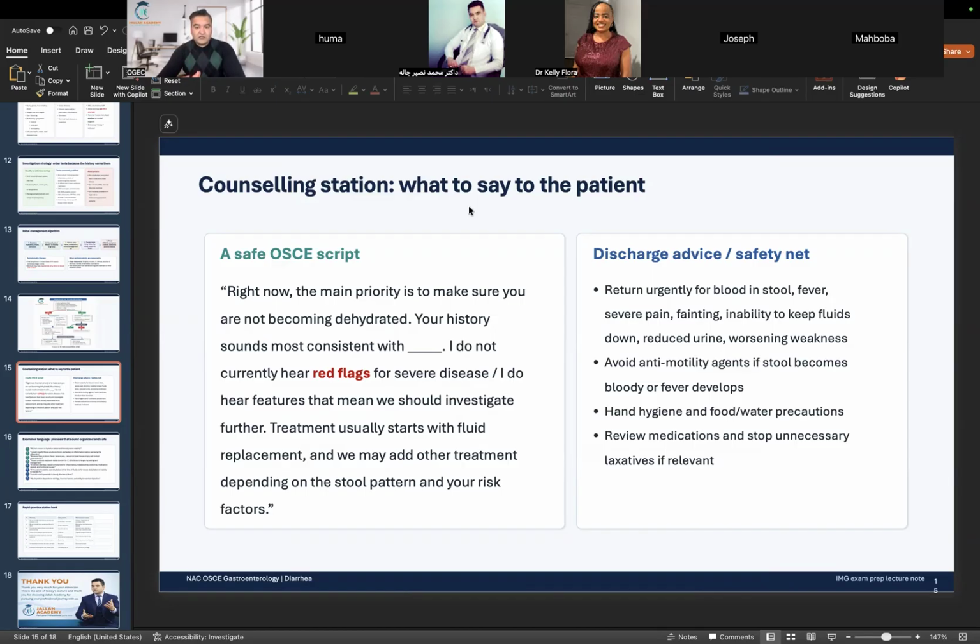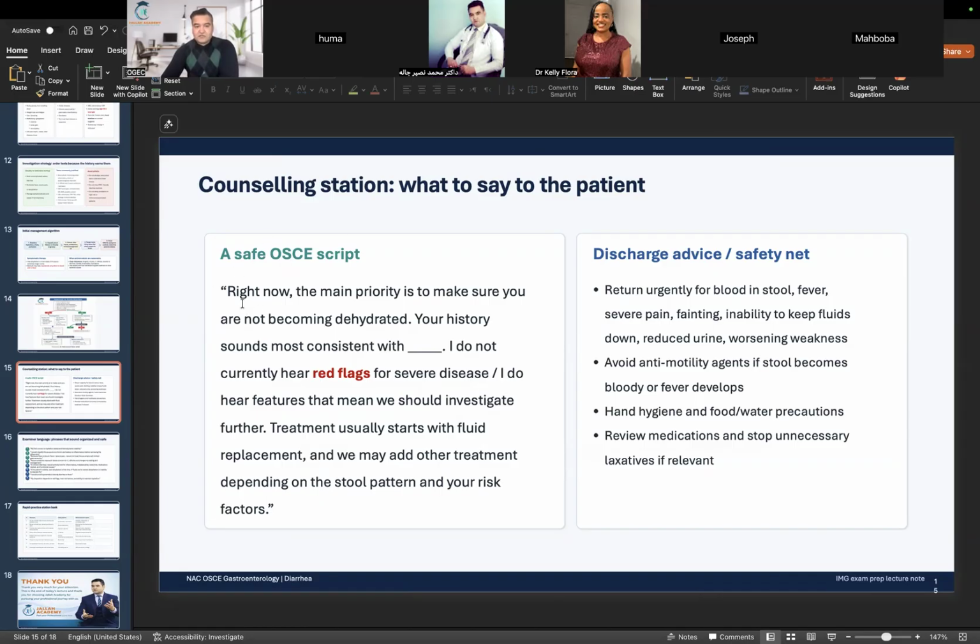And we have to provide them with a brochure that has all this information on how to take care of themselves or their family member who has diarrhea at home. ORS and rehydration, how we can do it orally, all this stuff, right?